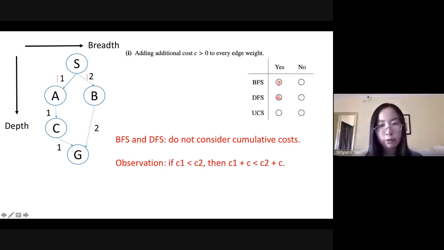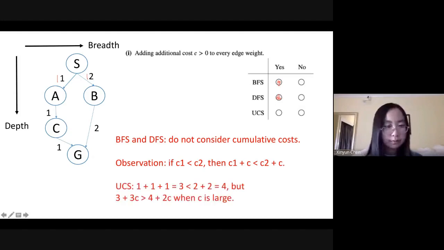However, for UCS, it is a different story. Why? The key thing here is that for UCS, the number of edges for different paths will be different. So when we compare the cumulative costs, the order may change if we add additional cost to each individual edge. Let's look at this example again.